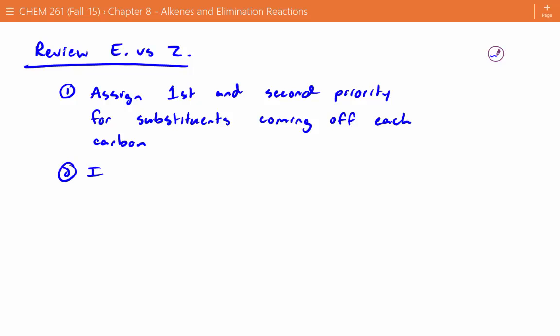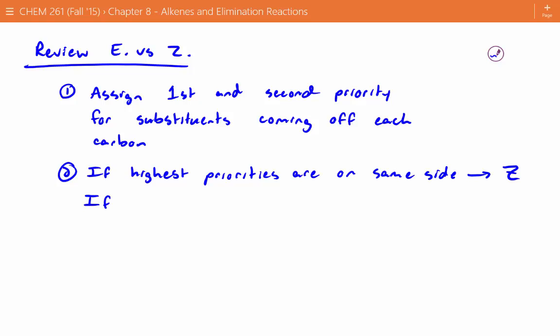Number 2 says if highest priorities are on the same side, is it going to be E or Z? Z. Z, same side, right?